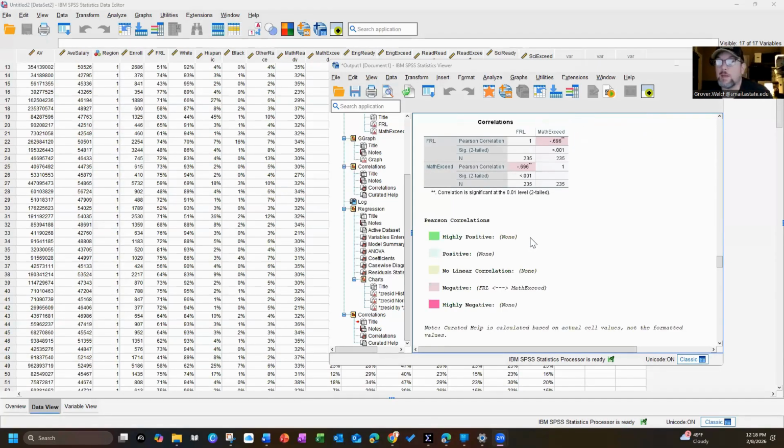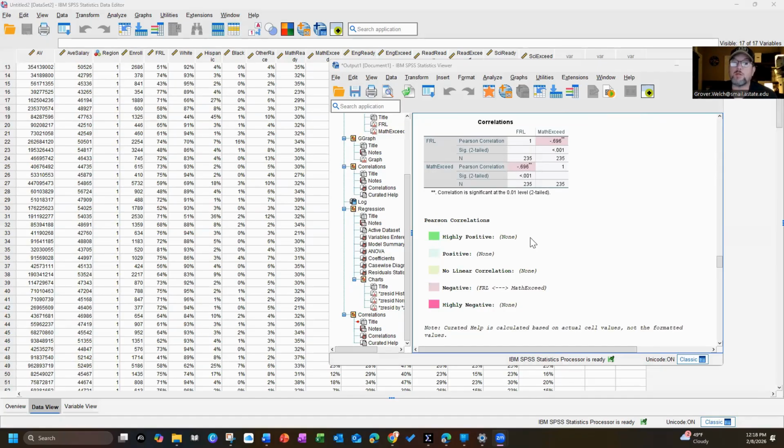So, APA style. In conclusion, this analysis reveals a statistically significant, strong negative correlation of r equals negative 0.696 with a p of less than 0.001 between the percentage of students receiving free or reduced lunch and the percentage of students scoring at the exceeding level in mathematics.